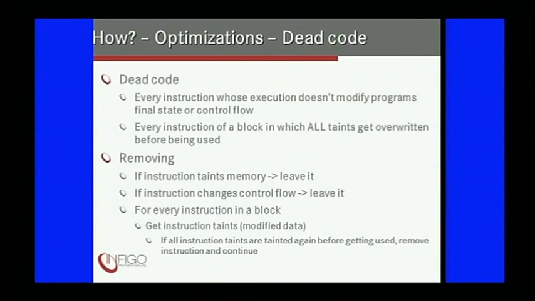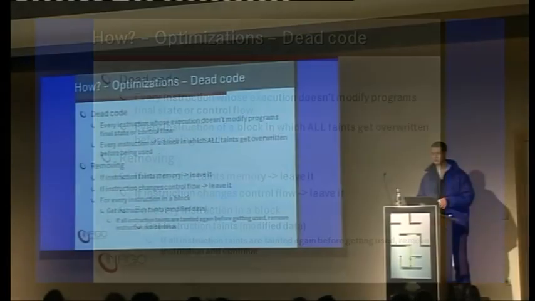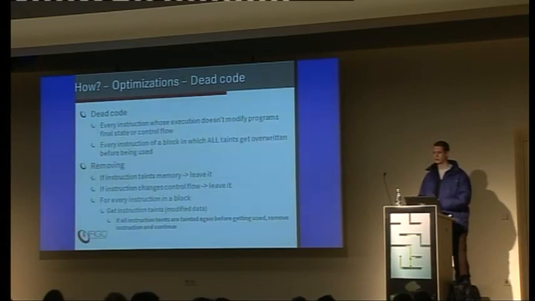There are two rules that I don't currently implement. That is memory tainting. Memory taint analysis and the aliasing problem is a complex one, and it's not currently addressed. So if the code encounters an instruction that taints memory, we will leave it, just for the sake of safety, and instructions that change the control flow graph are also left out of that code elimination.